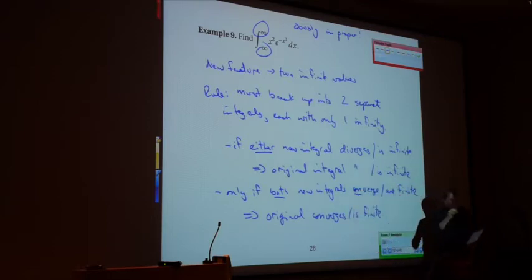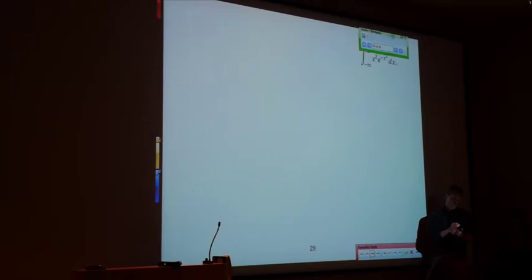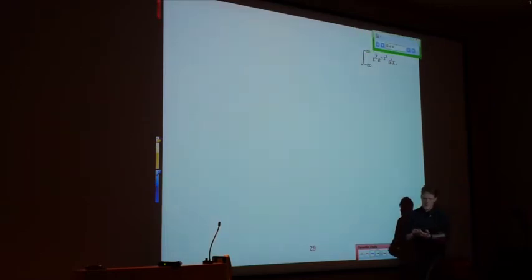Okay. Let's see it actually in practice here. So in this particular case, how can we break this up? Well, we have the integral out to minus infinity. And we have the integral out to positive infinity.